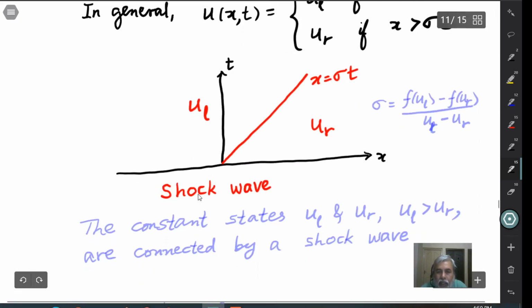Again in the xt plane, this is x equal to sigma t, this is the shock or discontinuous curve. In this case it is a straight line.